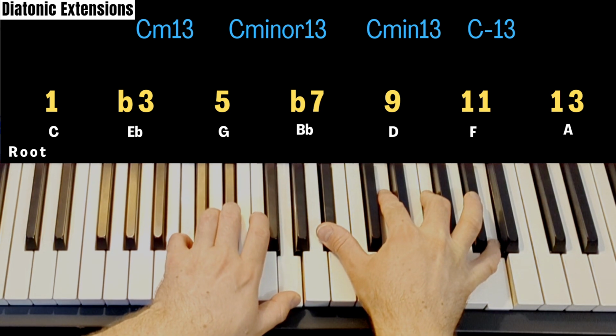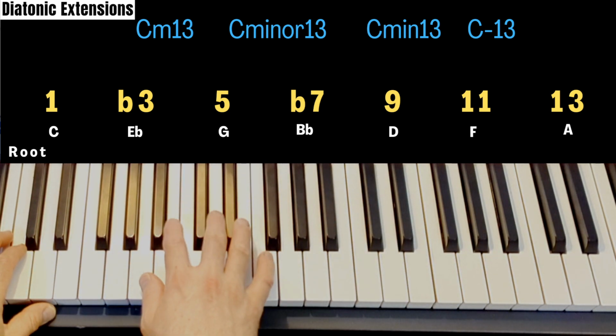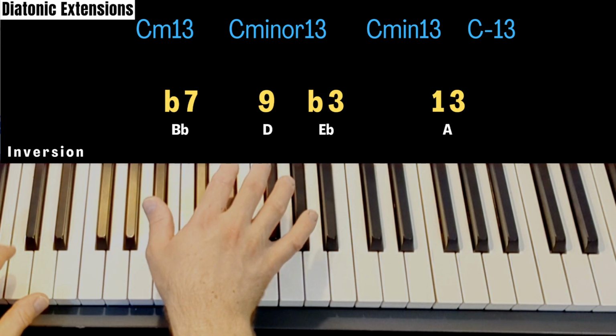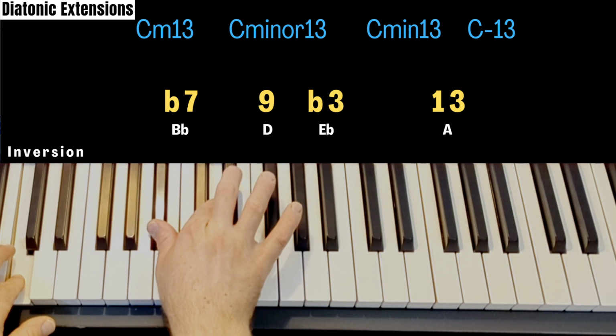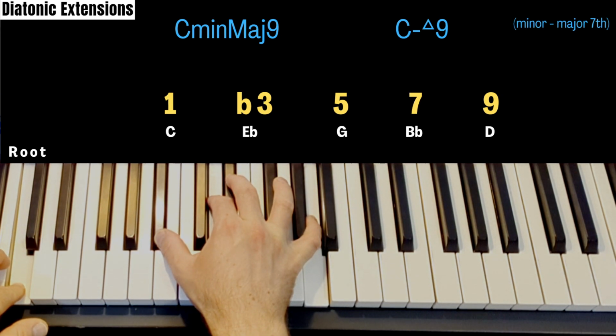But it's acceptable. I don't use this one much, to be honest, but if I was inverting it, I might even start it off the 7th, have the 9, 3rd, and the 13 at the top. It's kind of a nice voicing for it.